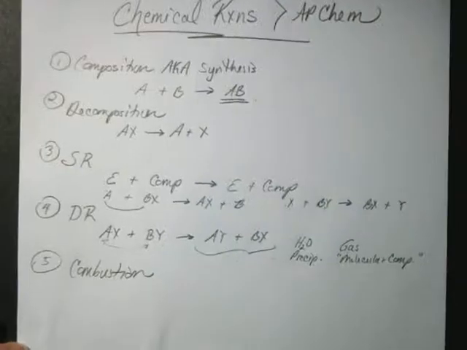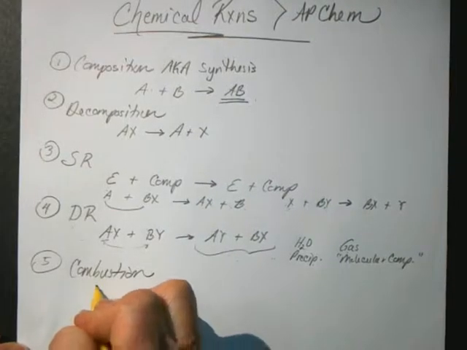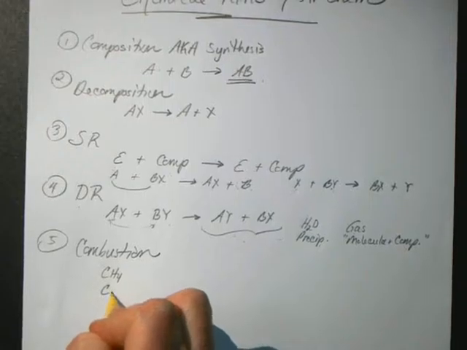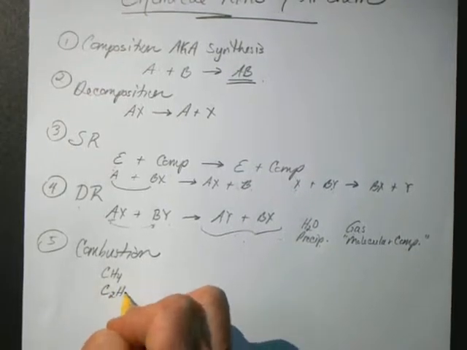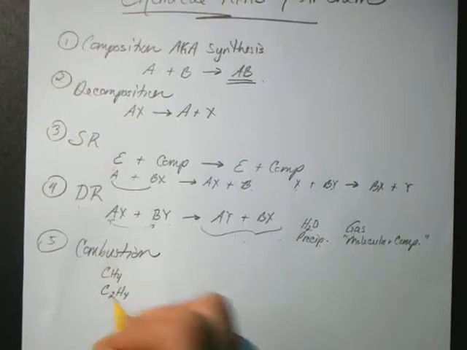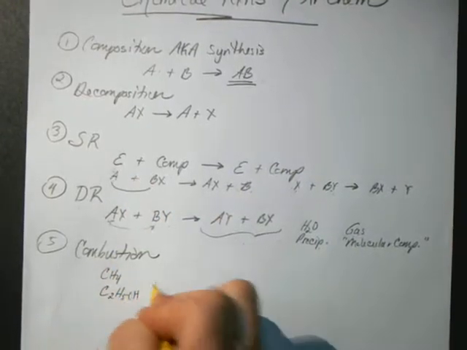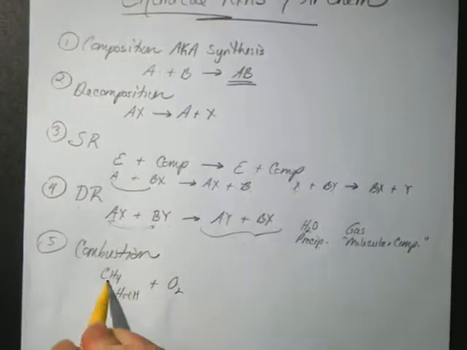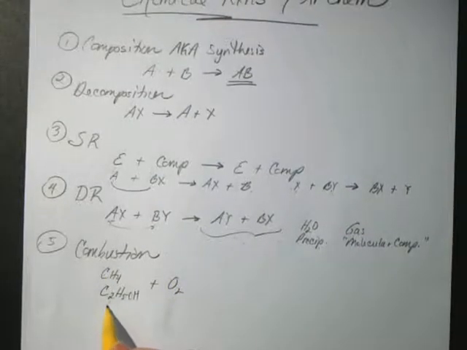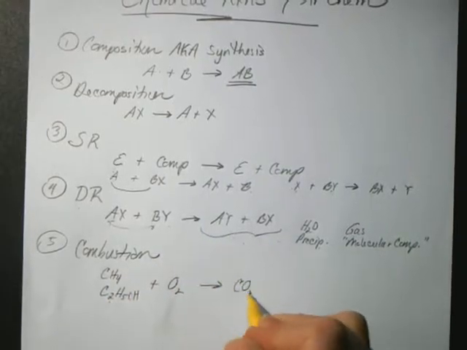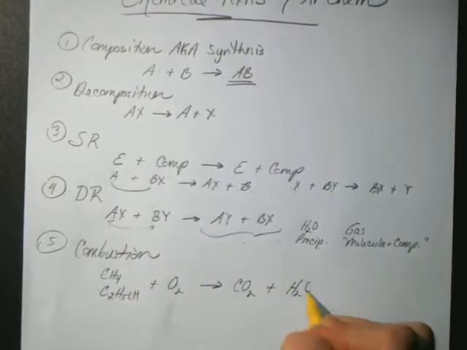In combustion, we are reacting a hydrocarbon, for example, methane, or let's say ethanol, and that would be C2H5OH, excuse me, with oxygen, so something composed mainly of carbon and hydrogen, which will satisfy the criteria of being flammable, combining with oxygen, and we will create carbon dioxide and water.